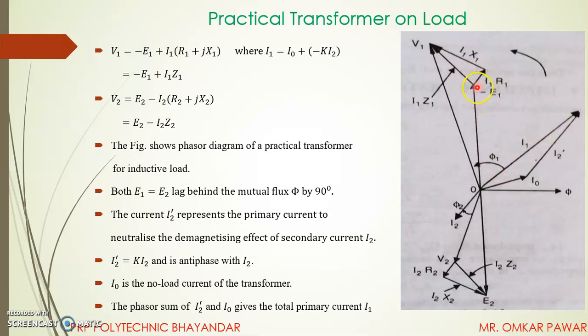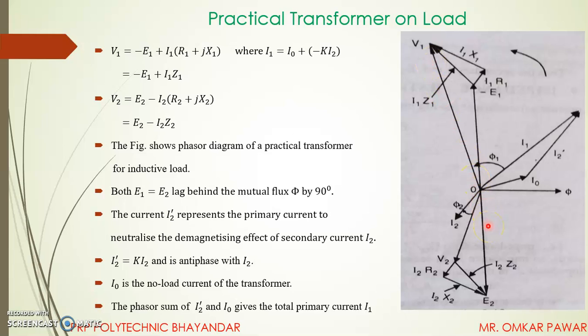So this is I1 R1 and I1 X1, which should lead the current direction by 90 degrees. So this is I1 X1, and the resultant by addition of these phasors is I1 Z1, and by adding this total voltage drop we will get V1. So we will draw V1.